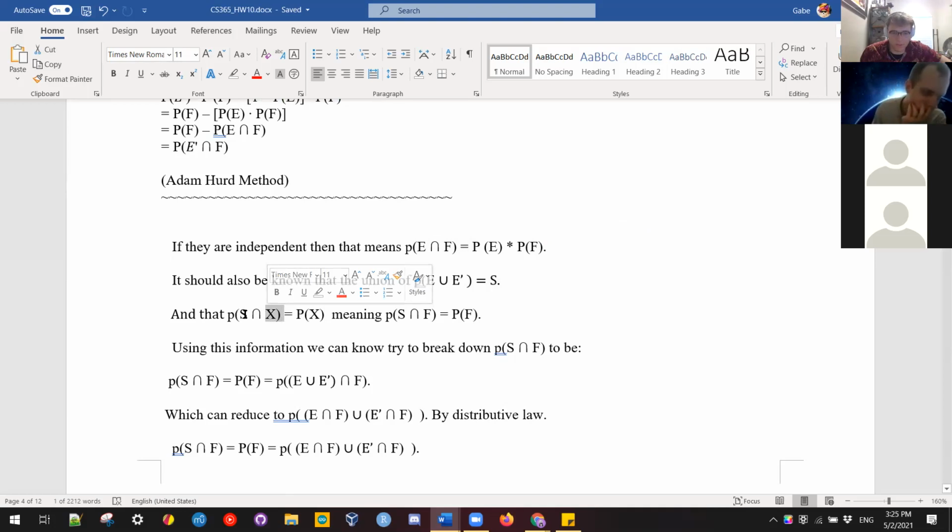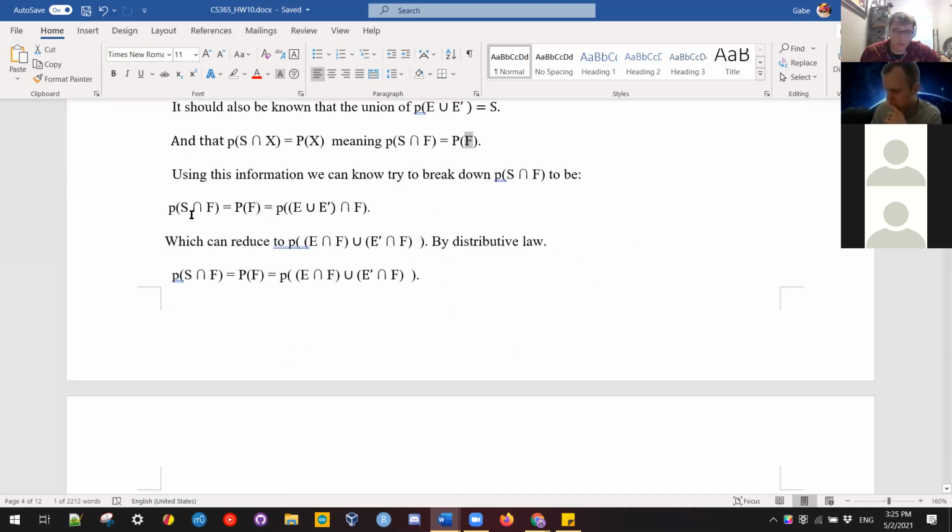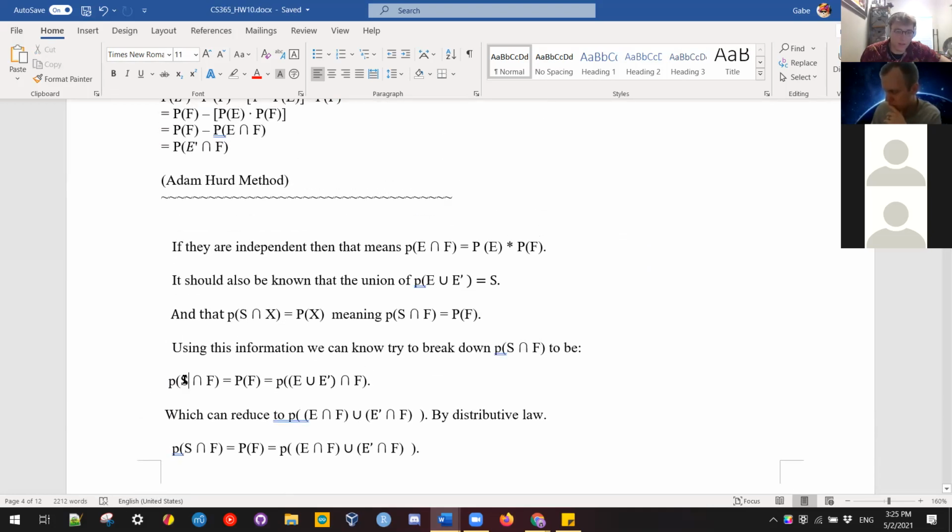The intersection of X in anything is just X. So we're just going to say S with F is going to be F. And so you could just plug it in. So S here becomes this guy here, intersecting with F, and that equals F.